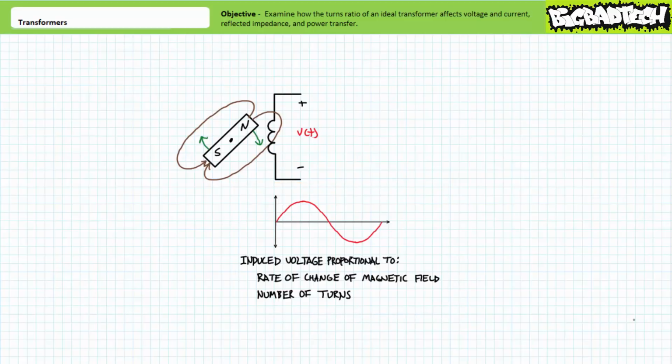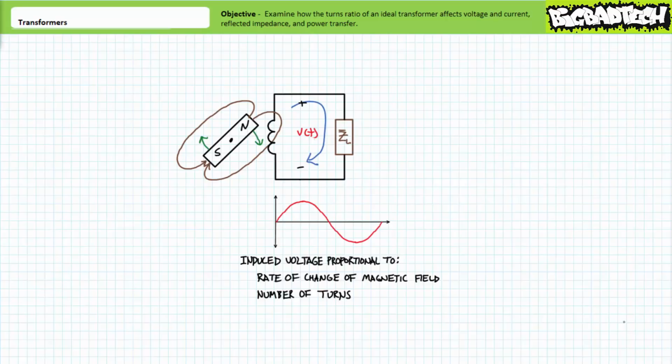In summary, the slower the magnetic field changes and the fewer loops in this slowly changing magnetic field, the lower the induced voltage. In contrast, the faster the magnetic field changes and the more loops in this rapidly changing magnetic field, the higher the induced voltage.